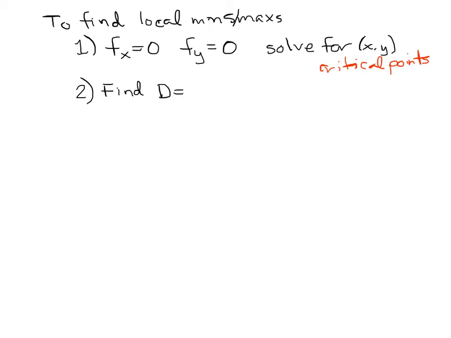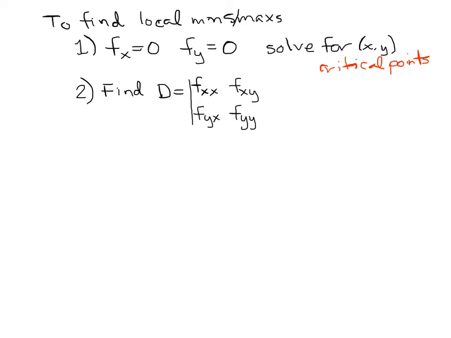we're going to find what we call D. It's going to be a determinant. I'll tell you how to find a determinant. This is maybe the first time you've seen it. Of the second partial with respect to x in the upper left-hand corner. The second partial with x first and then y in the upper right, the second partial with y first and then x in the lower left, and the second partial with both y's in the lower right.